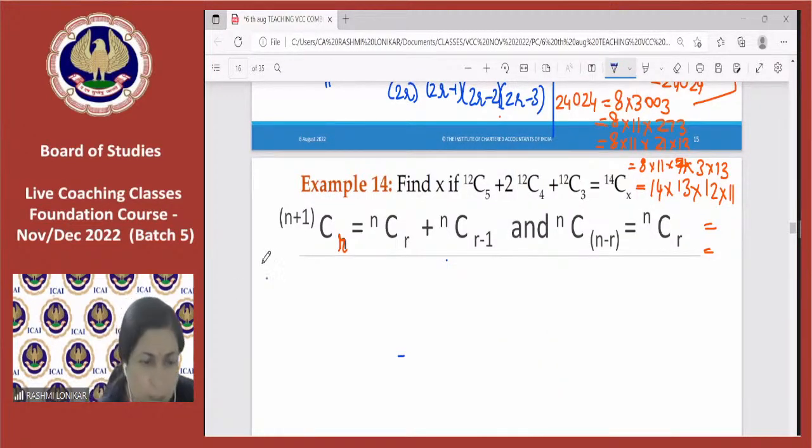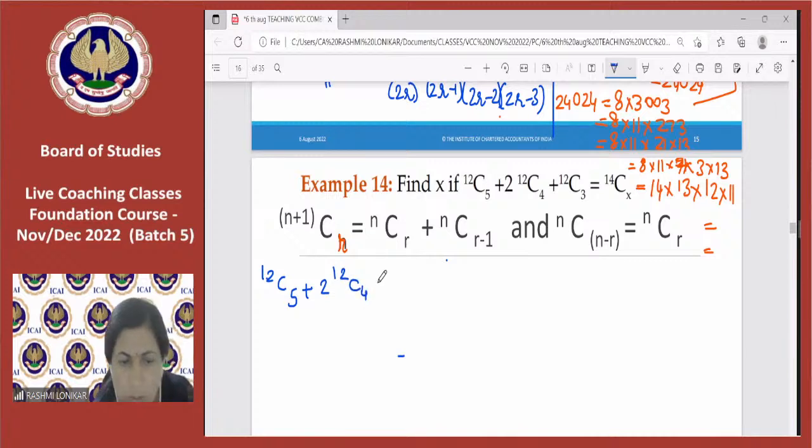So what is the sum? The sum is saying 12C5 plus 2 times 12C4 plus 12C3 is equal to 14CX. Right? Now, I will expand this.